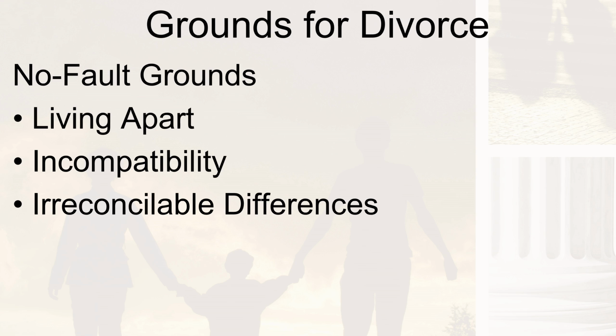Some states will even require consent, where both parties have to consent. So if one spouse is in the military, or hospitalized or incapacitated for an extended period of time, that would not suffice for the consent requirement if consent is an element in proving that the parties were living apart.